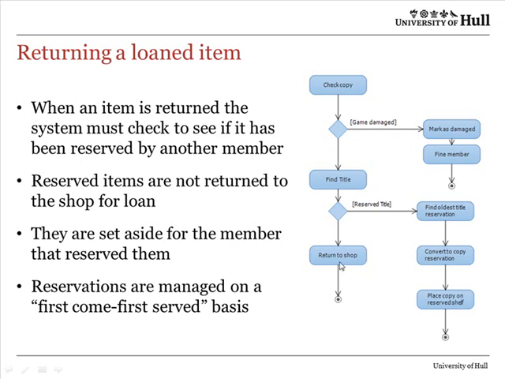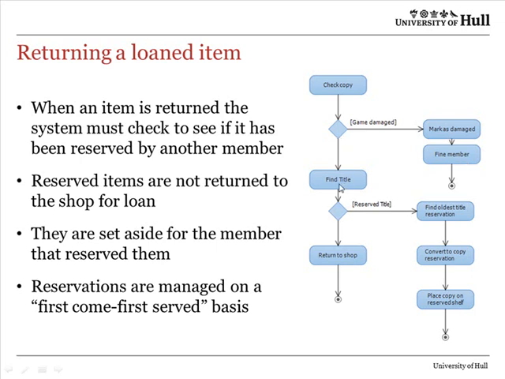Okay, so if you think about how libraries work, if you think about anything which lends stuff out and allows reservations, you'll come up with an activity diagram that looks a bit like this. I'm afraid the entry point has actually got chopped off my graphic, for which I apologize, but you come in here. Is it broken? If it is, we can't rent it again, and we have to effectively find the member.